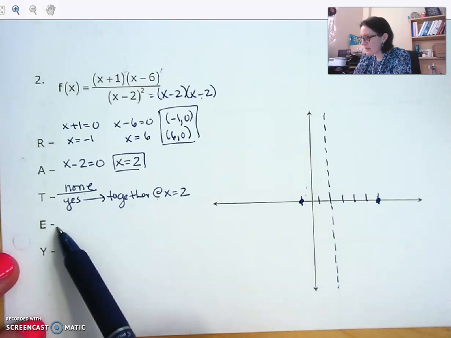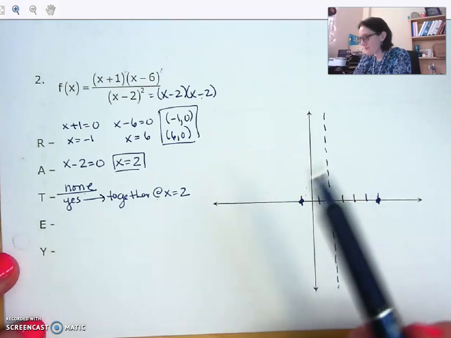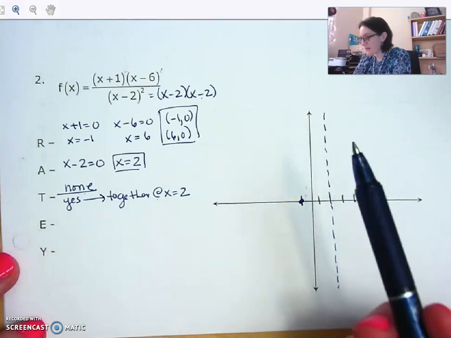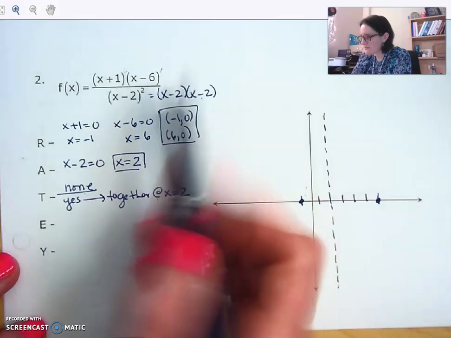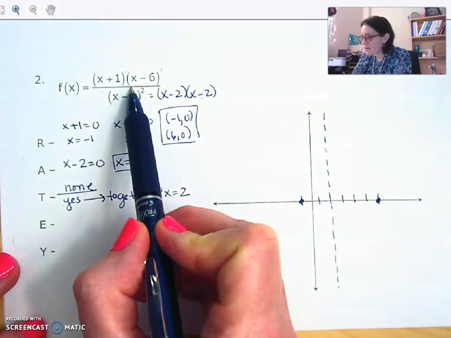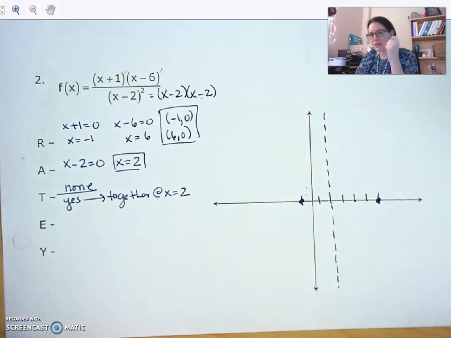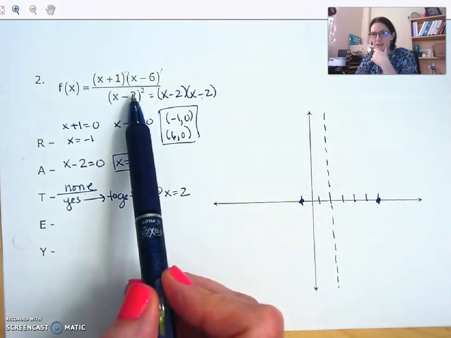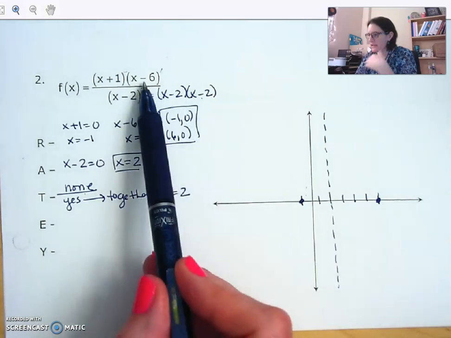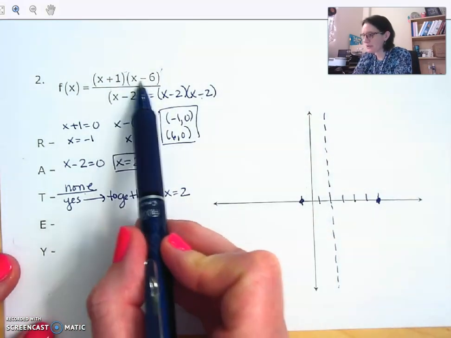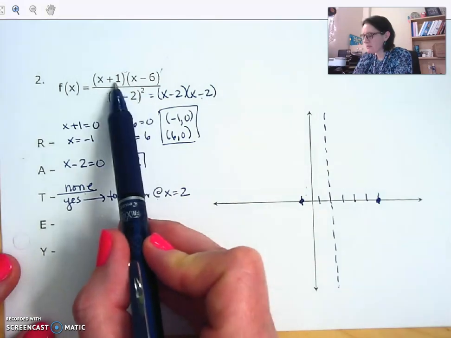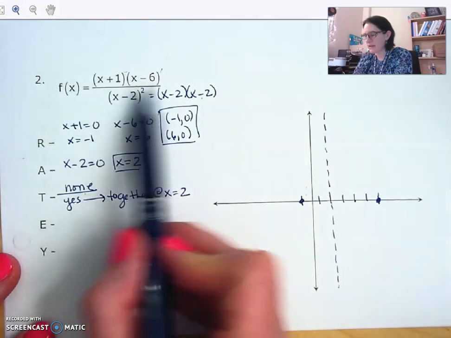And then E for end behavior. So we have to do a little bit of math here to figure out what our leading terms are. First I should say, your leading terms come from your standard form, but everything here is factored form. So I would get standard form in the numerator by FOILing: x squared plus 1x minus 6x minus 6.